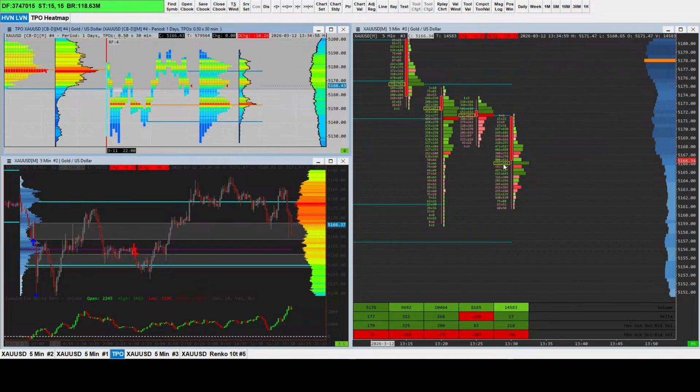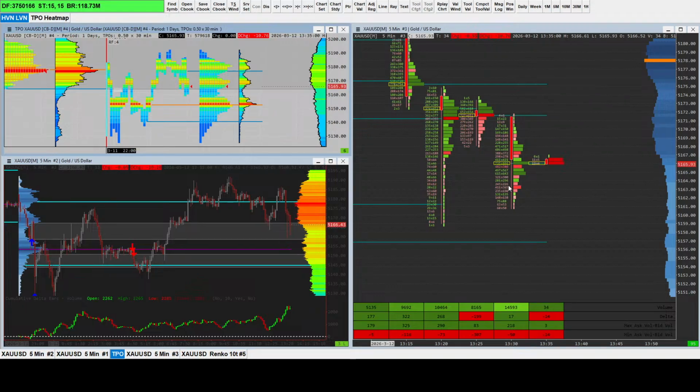So a lot of big trades going on here. Yes, we did close above these guys, but hey, what the hell? It's not big enough. Really good volume as well. That's what I like to see.